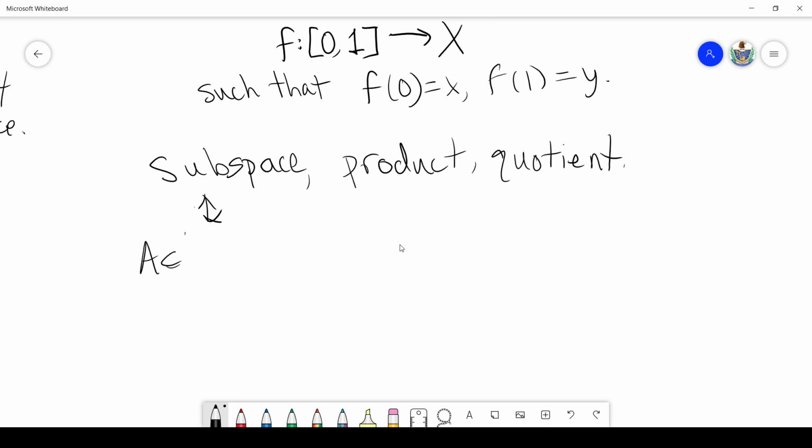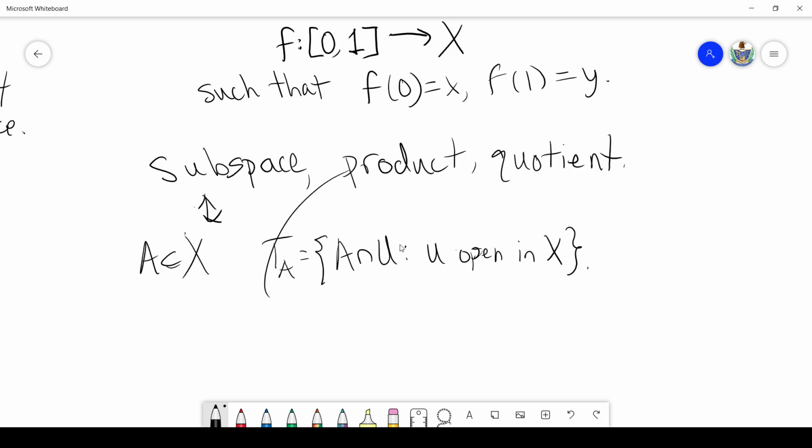If you take a subset A of X, your topological space, then you can define the topology on A to be all the sets A intersect U, where U is an open set in X. So that's a really quick one.